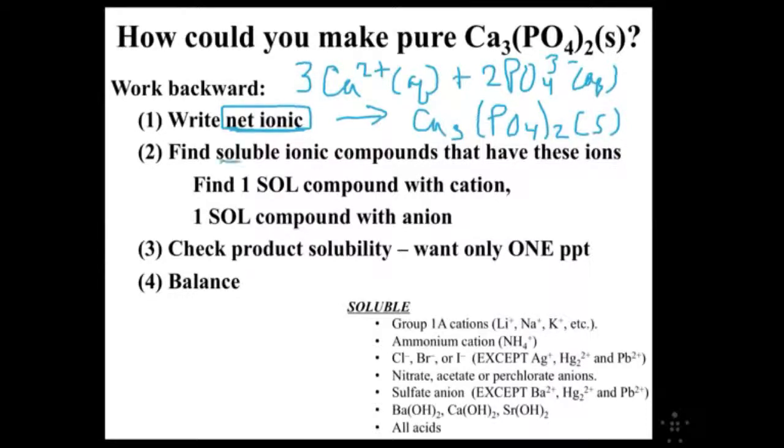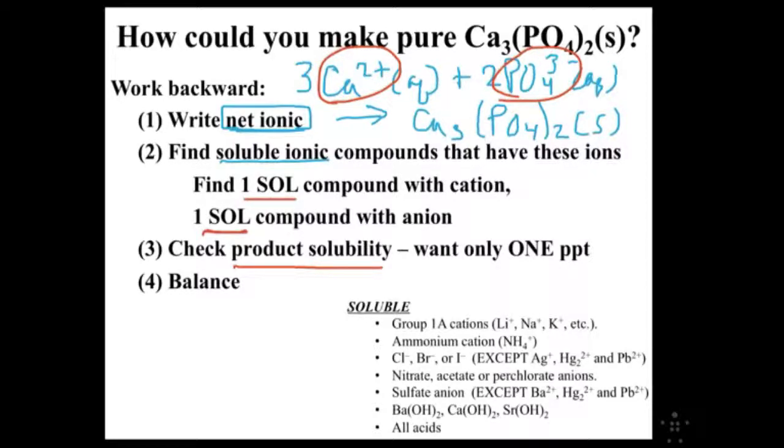Then we've got to find soluble ionic compounds that give us those ions. We need to find a soluble compound that gives us calcium. And we need to find a soluble compound that gives us phosphate. And then we want to make sure that the other ions in there are not going to make a solid as well, because we only want one solid. We only want calcium phosphate to come out.